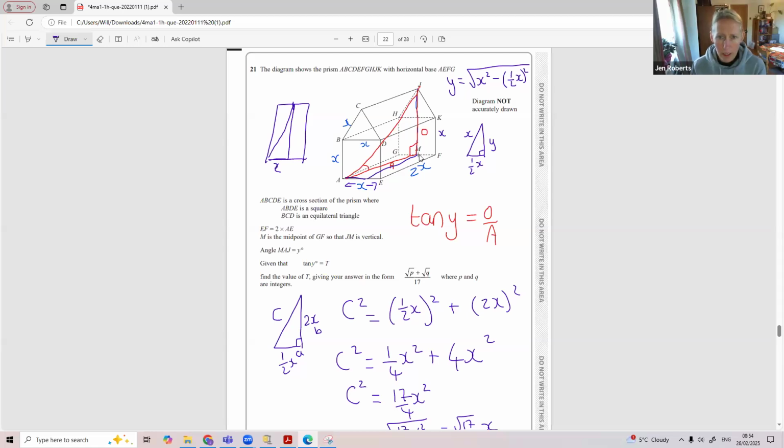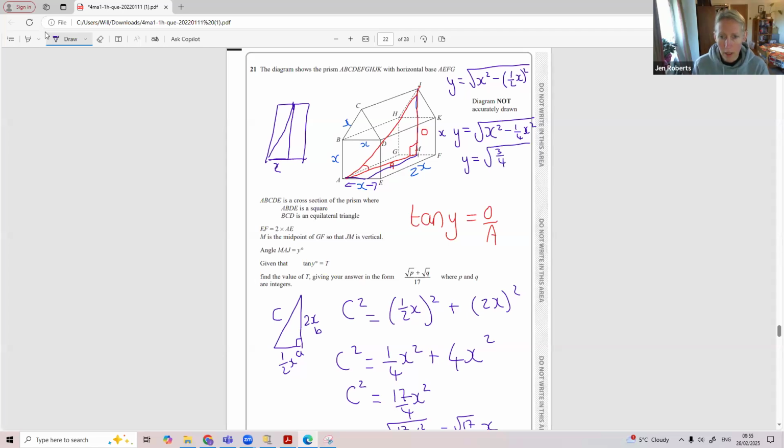Half X squared is a quarter X squared. Let's simplify our terms here. What's 1 minus a quarter X squared? It would just be 3/4 X squared.